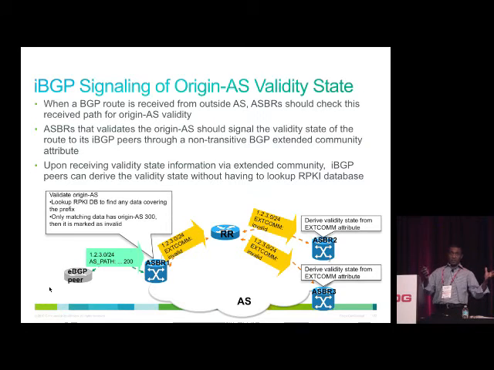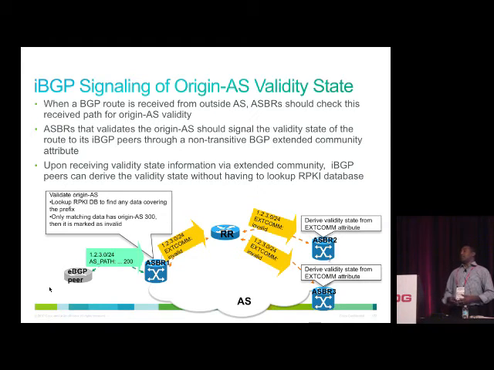Remember, we discussed community. Another attribute is extended community, which is a much longer version of a community. In this case, the extended community is used to communicate the validity of a prefix, so other routers do not need to reclassify that traffic, and they don't have to do the ROA check.